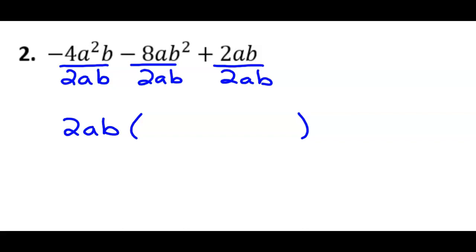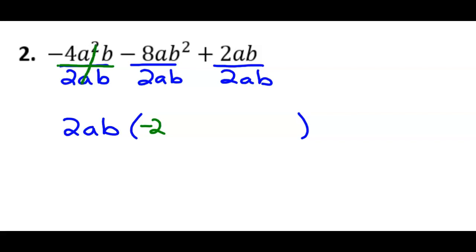When I divide this, what am I going to get for this first term? Negative 4 times 2? Nope. Negative 4 divided by 2? Negative 2. Very important that you have the negative 2 in there. A squared divided by A doesn't cancel out.